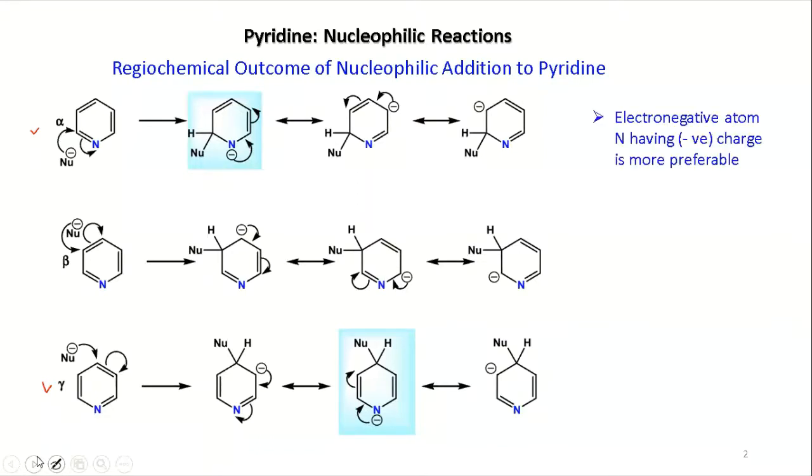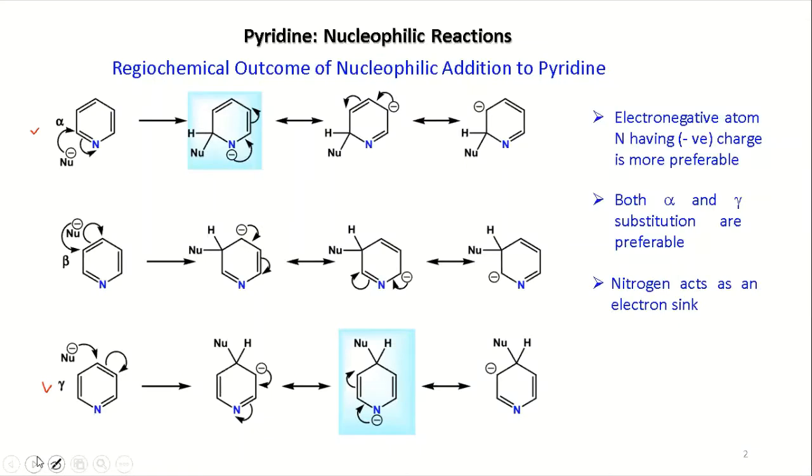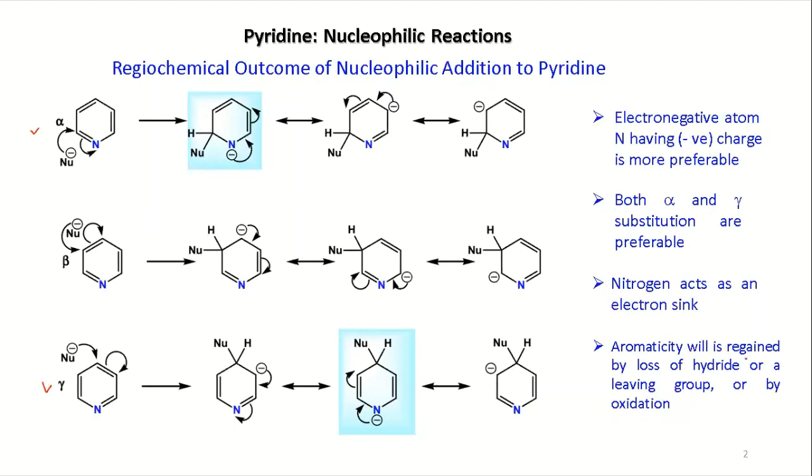So the electronegative atom, nitrogen, having negative charge is more favorable. That is the first point. Second, both the gamma and alpha substitutions are favorable, that we can establish from this fact. The nitrogen acts as the electron sink, meaning it is the reservoir, it is taking the electron to drive the resonance. And then aromaticity is regained by loss of hydride.